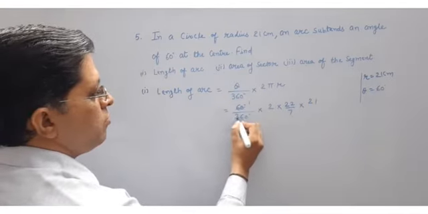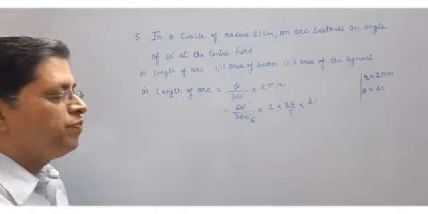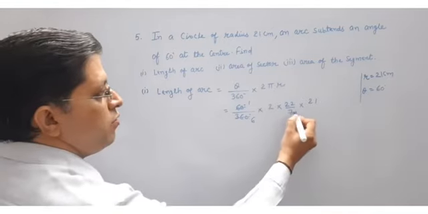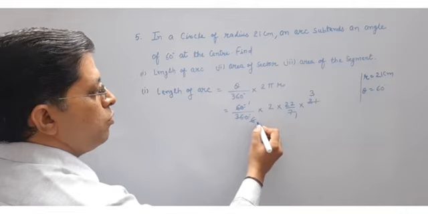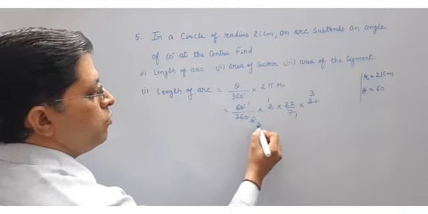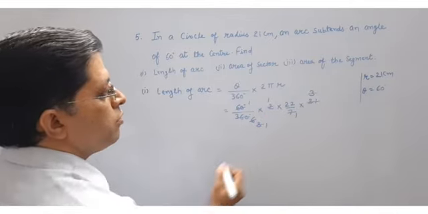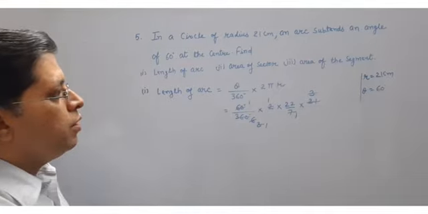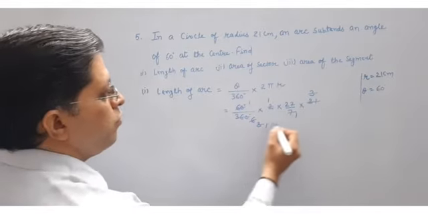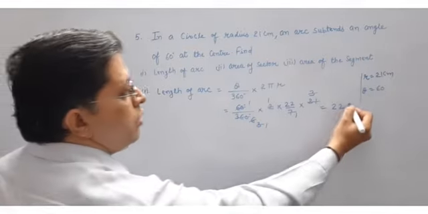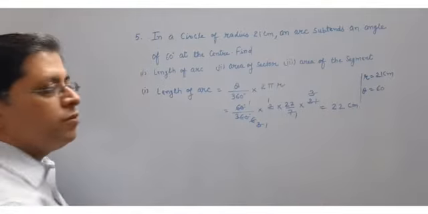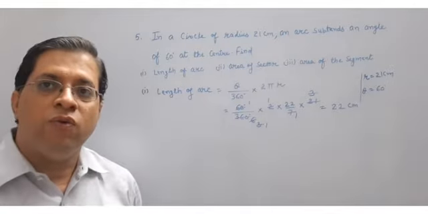So 6 1s are 6, 6 6s are 36. Then 7 1s are 7, 7 3s are 21. 2 3s are 6, 2 1s are 2. 3 2 3 cut. Then the length of arc is 22, and what will be the unit? Length unit is centimeter. This is your length of arc.